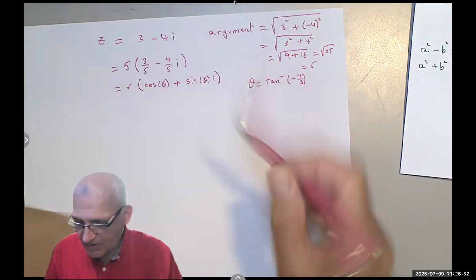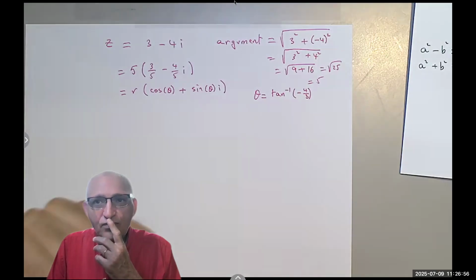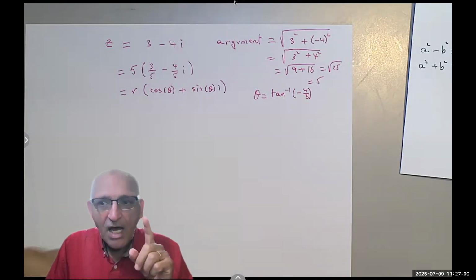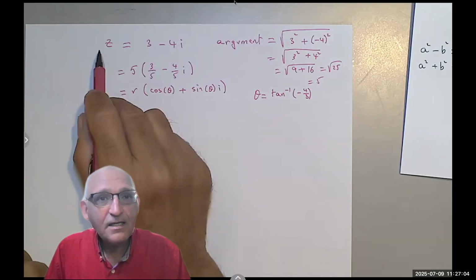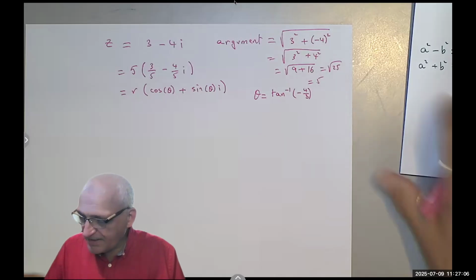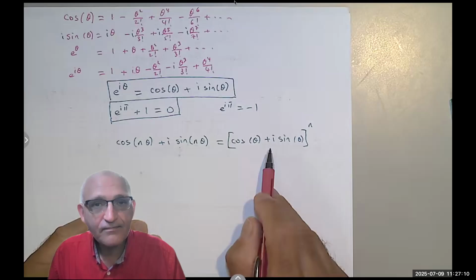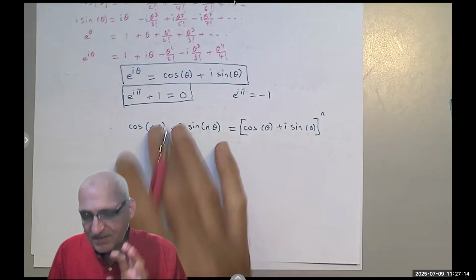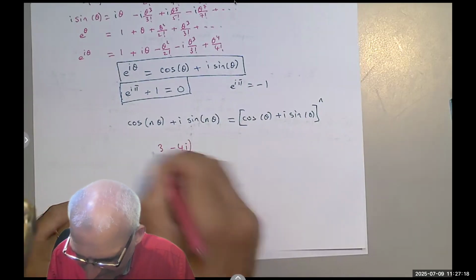You can do any of those. But now there is something very interesting. I can take powers of z very easily by using de Moivre's equation. So for example, let's just take it one step at a time. I want to take 3 minus 4i and square it.